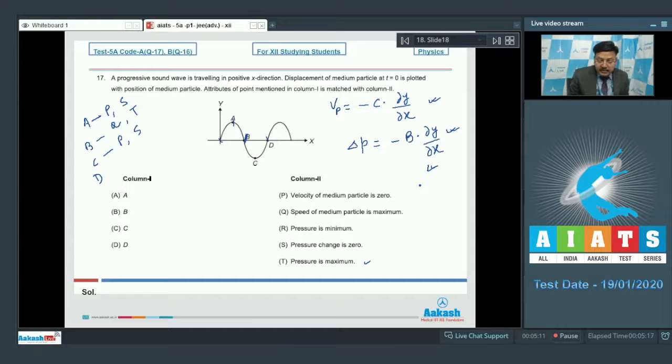And in terms of speed, it is maximum speed. So D will match with Q and R, right? Q because the speed will be maximum as per the first expression. And at this point, delta P is negative and has maximum magnitude. So the pressure is minimum. So this is our matrix match for question 17. Let's go to the next question now.